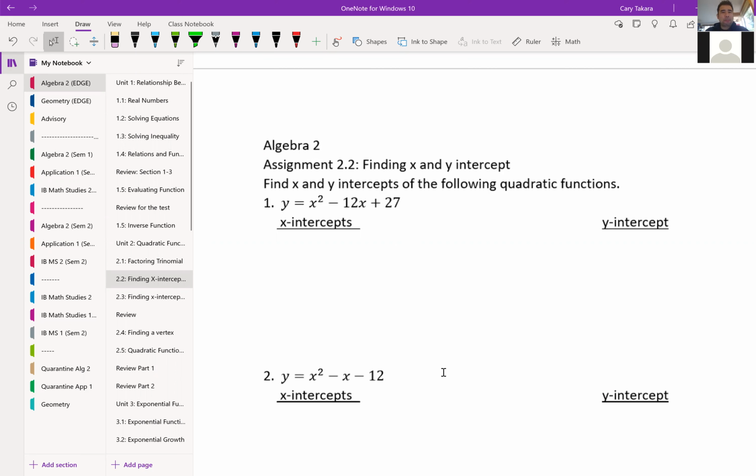All right. How are you guys doing on number one? Okay, to find the x-intercept, you're going to set y to 0, and then I'm just going to dive right into the factoring, okay? This one has to be x and x. 27 is what? 3 times 9?